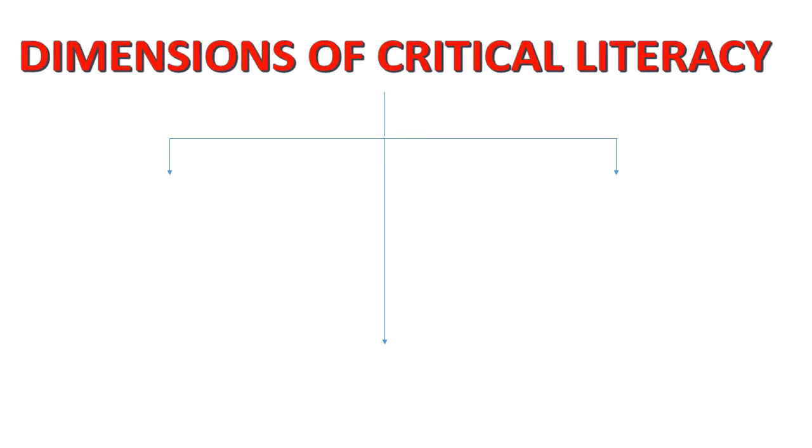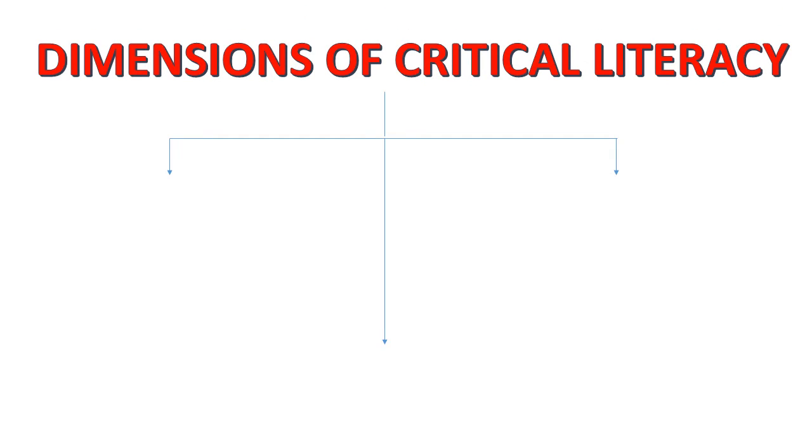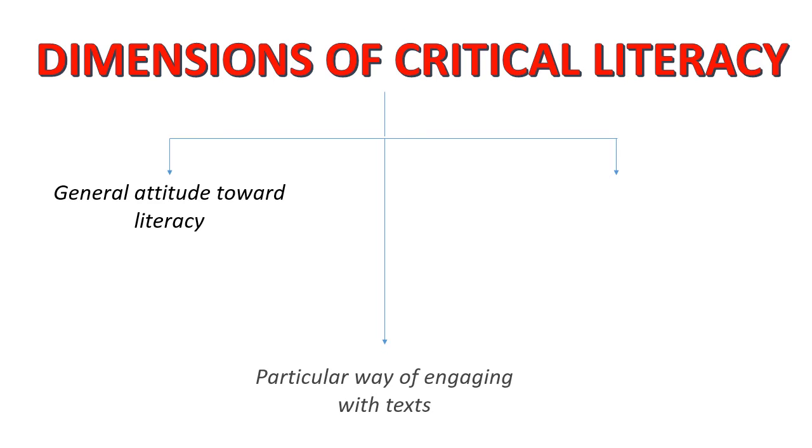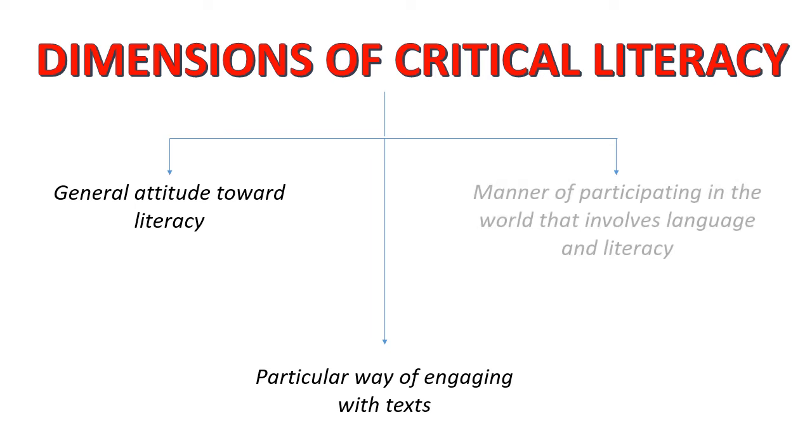Critical literacy has several dimensions. One of them is the general attitude toward literacy, a particular way of engaging with text, a manner of participating in work that involves language and literacy.